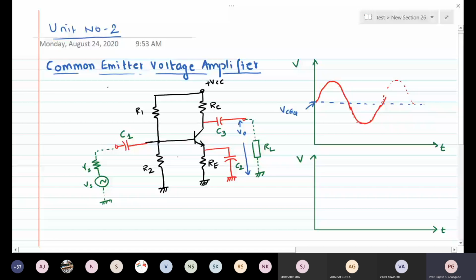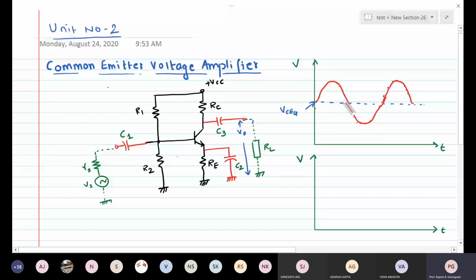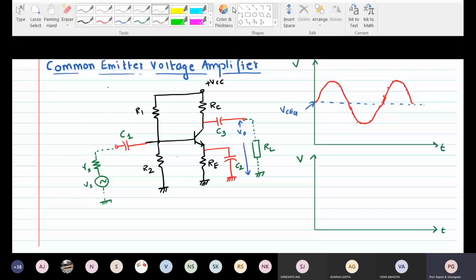That is what we are interested in finding out. Since we call this an amplifier, we are expecting to have amplification over there.